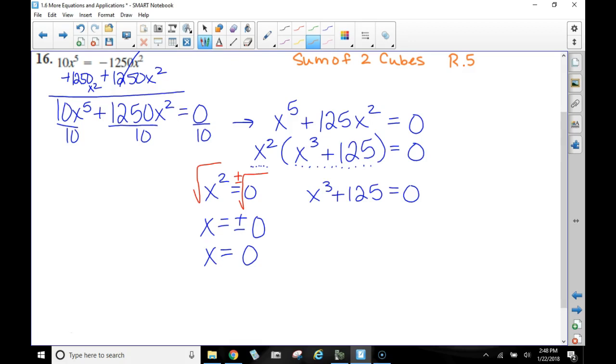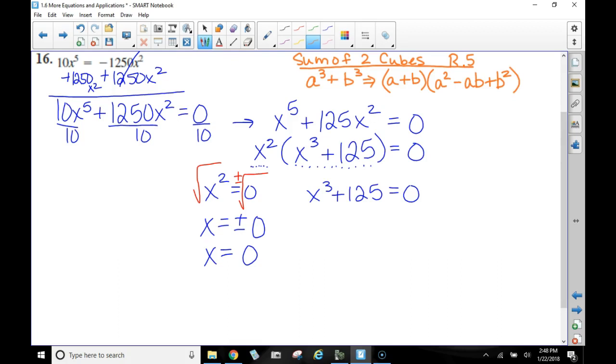And we had a formula that said, if you're trying to factor some quantity being cubed plus another quantity being cubed, that thing will factor into a plus b times the quantity a squared minus a times b plus b squared.